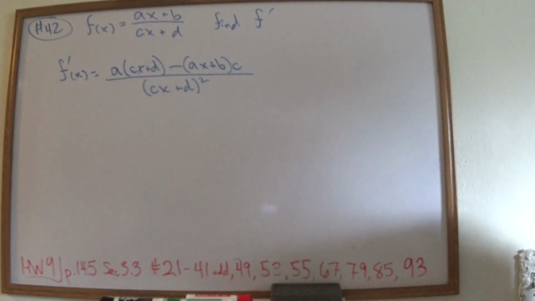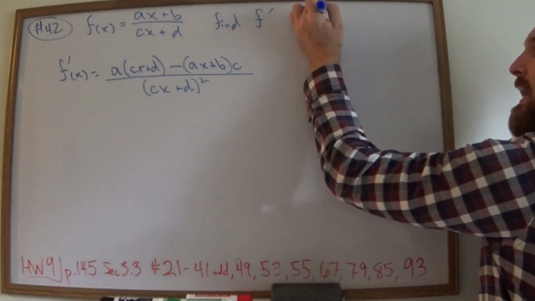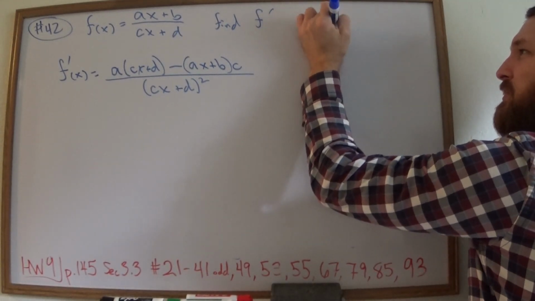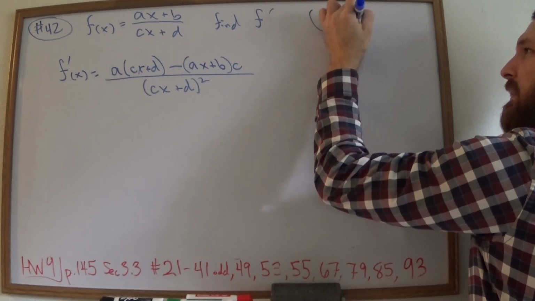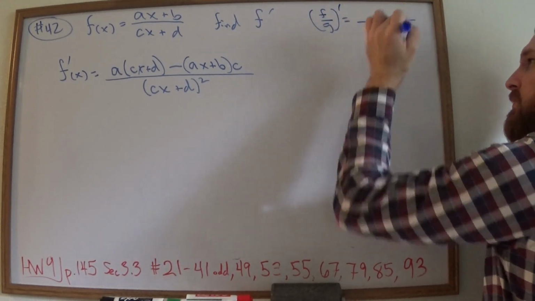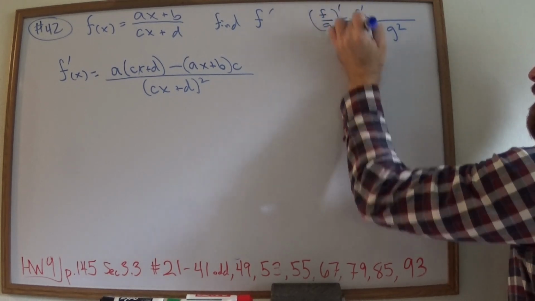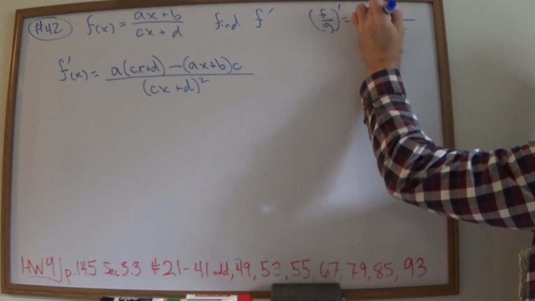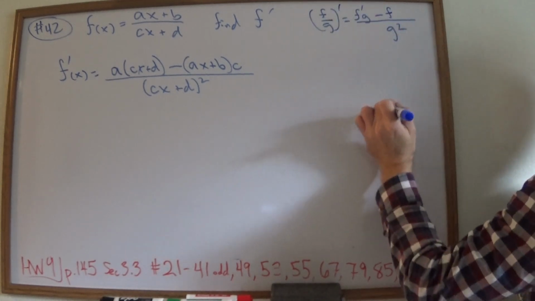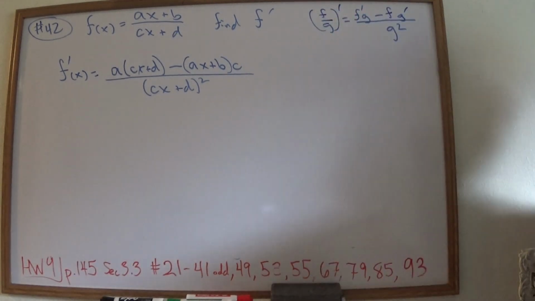You'll notice if you have it in your head like that, because that's what I did. I said you have an f and a g, and the bottom stuff gets squared. Take the derivative of the top stuff, leave the bottom stuff alone. Subtract off, leave the top stuff alone, take the derivative of the bottom stuff.